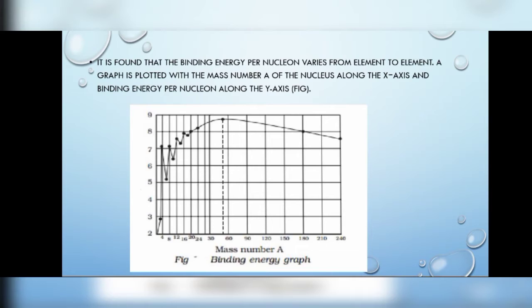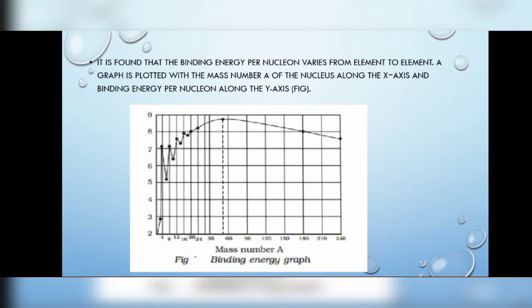Take an example. You have a binding energy of heavy hydrogen, which is equal to 2.23 mega electron volt, and binding energy of uranium 1800 mega electron volt. These both elements participate in radioactive reactions, but their binding energy is different.